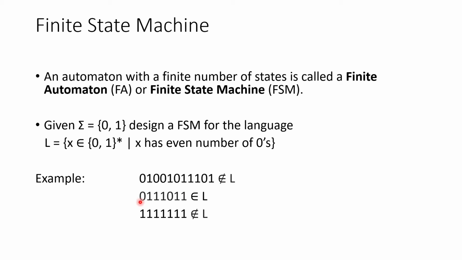But if you consider this string, the zeros are 1 and 2. That means an even number of zeros, so this string should be in the language. And a similar case for this one. I'm sorry, I have made a mistake. This is wrong.